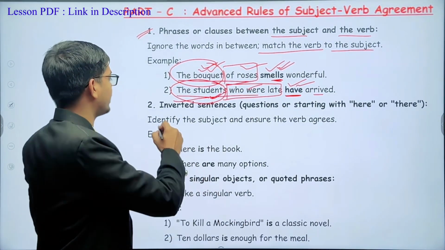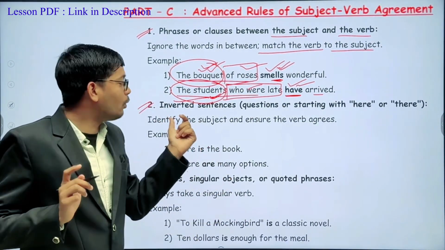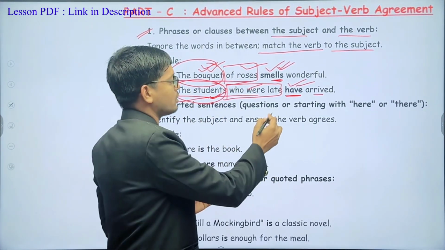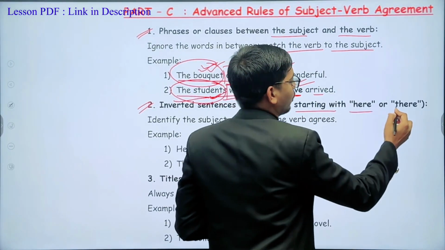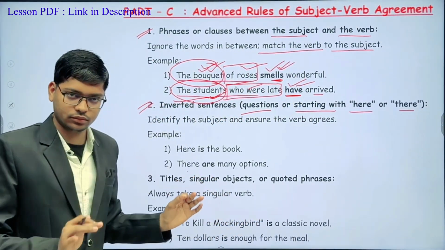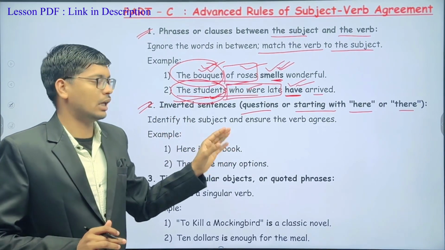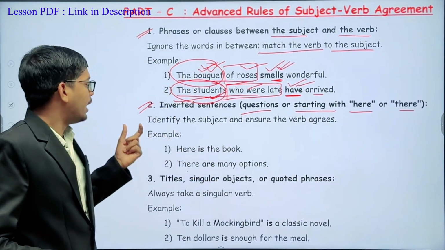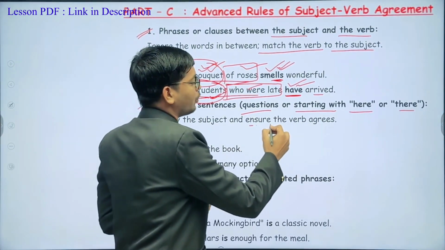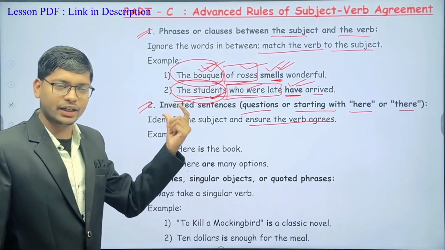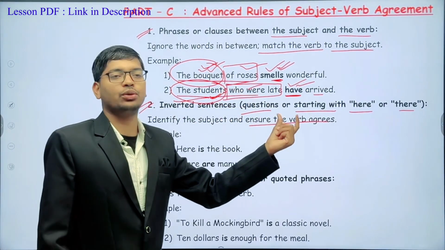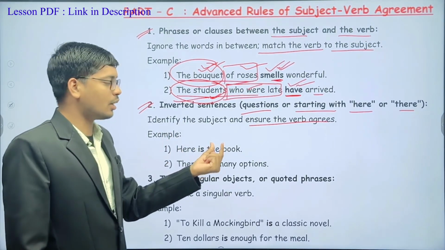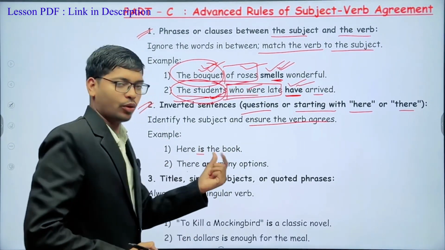Our next rule here is inverted sentences, like questions or sentences starting with here or there. Identify the subject and ensure the verb agrees. For example, "Here is the book."